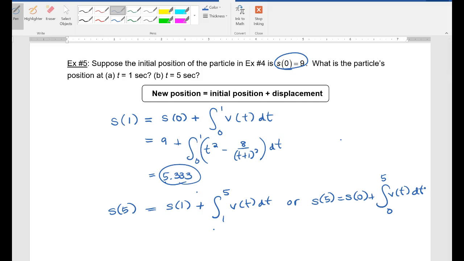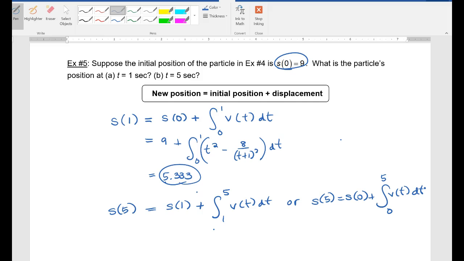because sometimes there are situations where we don't know the initial position, but maybe we know the position at 1 second, or we know the position at 3 seconds. So as long as we know some position, we can write it this way. So basically, knowing any position, you then integrate from 1 to 5.